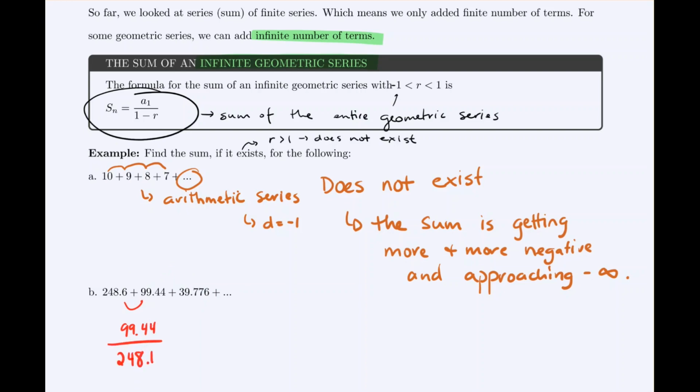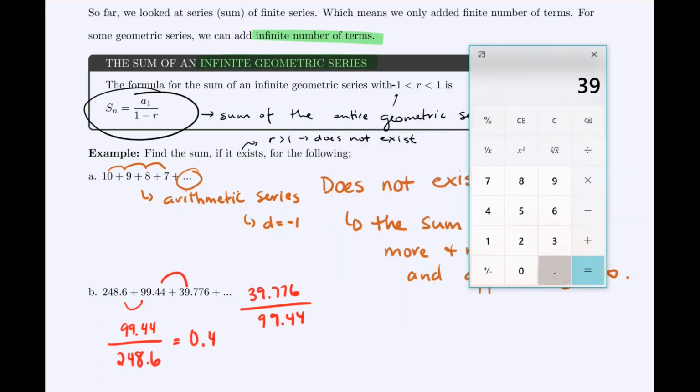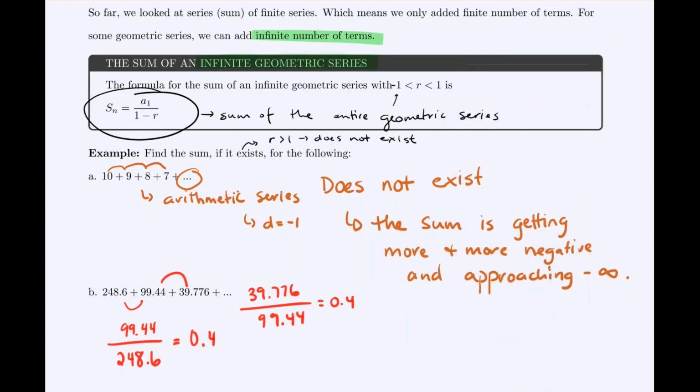We'll need to get our calculators for this, so that would be exactly 0.4. Let's see if that pattern holds. Take the next one, later divided by previous. Always have to do later divided by previous. Also it's 0.4. So even though it wasn't as visually clear, these are following the multiples of 0.4 each time.